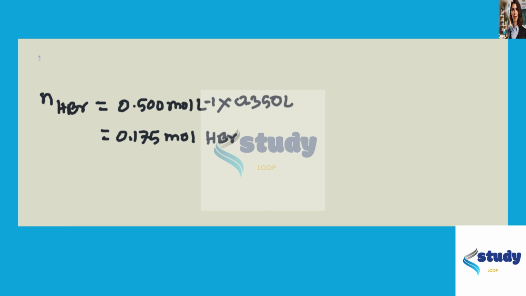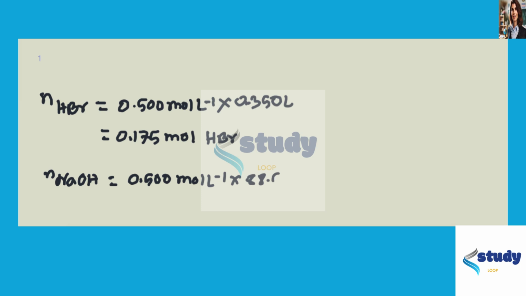Now we have to find out the number of moles of sodium hydroxide which has titrated the remaining amount of HBr after the addition of zinc hydroxide. So the number of moles of sodium hydroxide here is again the concentration or molarity of sodium hydroxide, which is again 0.500 mole per liter, times the volume which is required, 88.5 milliliter.